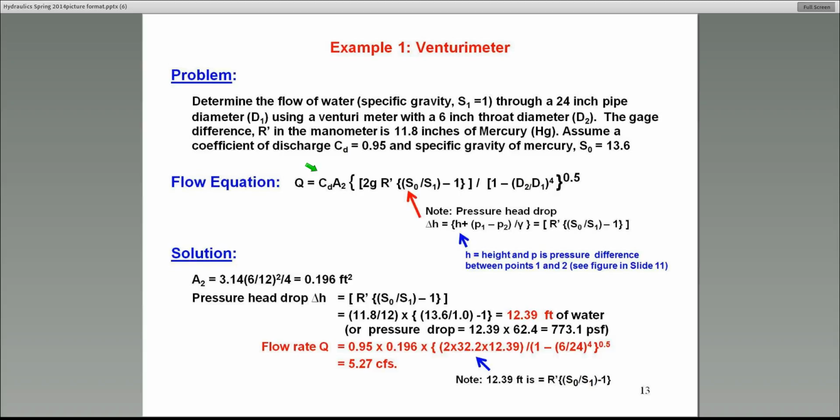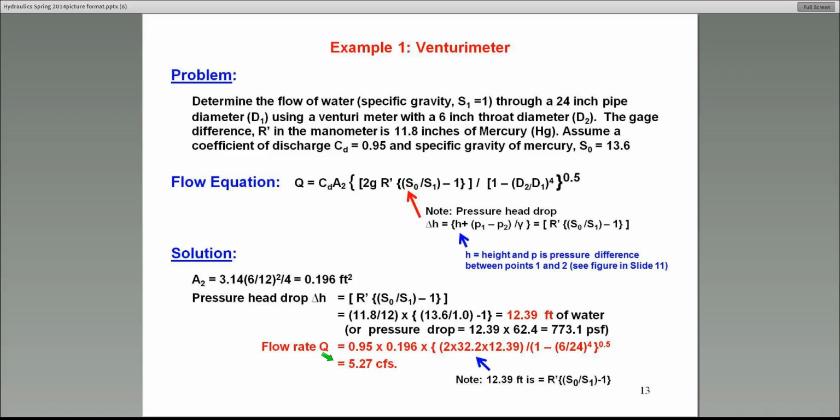Also note that the pressure drop that we calculated is about 12.39 feet of water, and therefore it is substituted in this equation to calculate Q. So the final product is Q, which is CD times that pressure drop, and of course multiplied by this quantity, or divided by 1 minus d2 over d1 to the power of 4. So you all can do these calculations. I've just shown it to you in this example. The final flow rate through the pipe is 5.27 CFS.